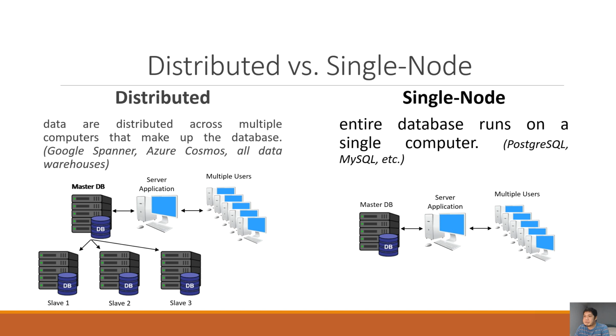As you can see in the figure, we have multiple computers running and hosting databases. One computer hosts the master database where transactional data resides. Other computers host slave databases.